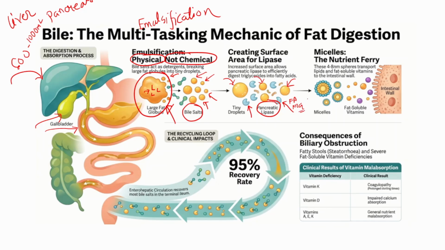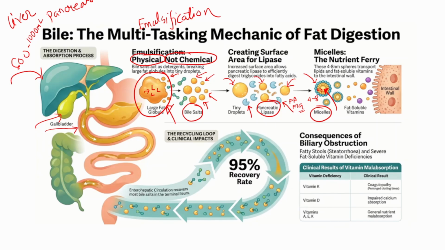Once these lipolytic cleavage products are freed, we establish the assembly of micelles, which act as the essential nutrient ferry. These aggregates form tiny spheres measuring 4 to 8 nanometers in size, structurally organized with an outer hydrophilic phospholipid shell and a hydrophobic lipid core containing the digested lipid products and bile salts.